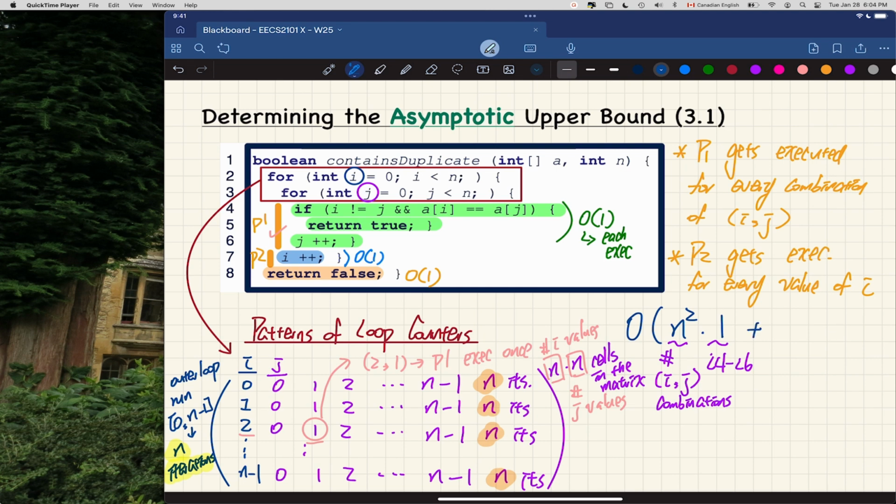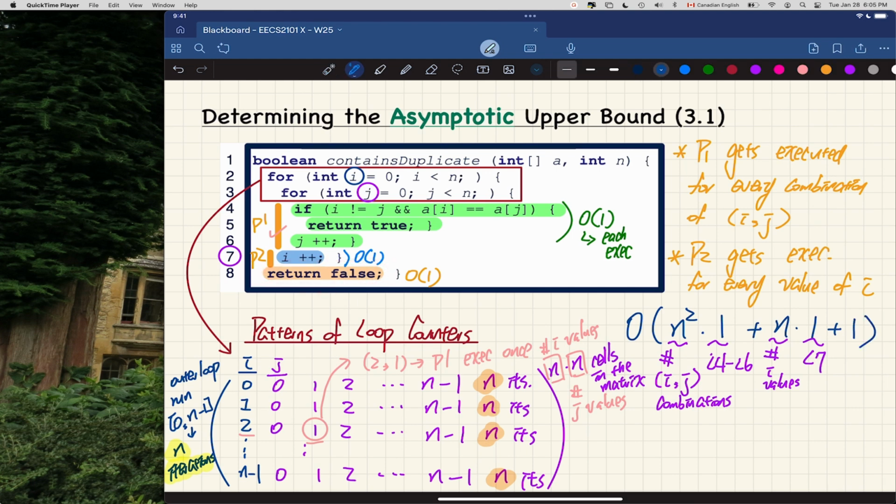And then what about phase number 2? That one is going to be the number of iterations for the outer loop, which we know is simply n, and then we're going to say n times also 1. So this n will be the number of i values for the outer loop, and the 1 here will be just for line number 7. And finally, outside the loop, we also have return false, which is also 1.